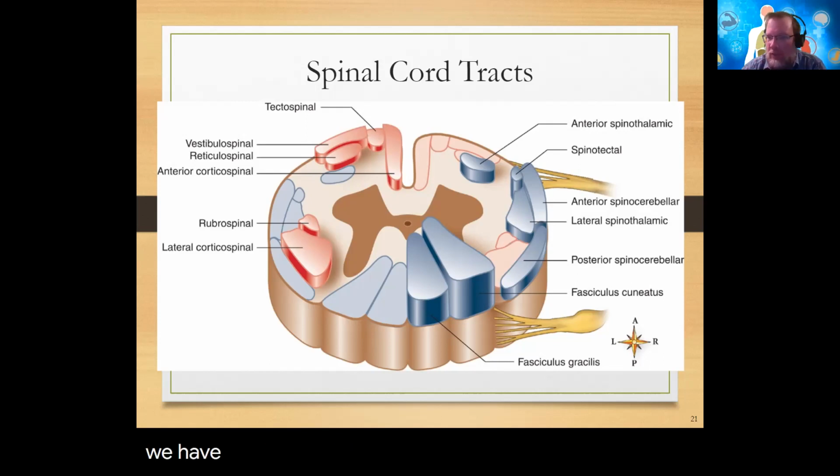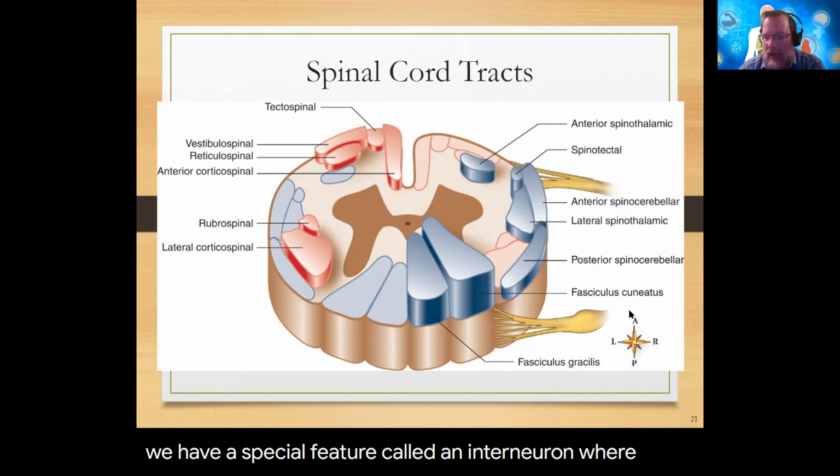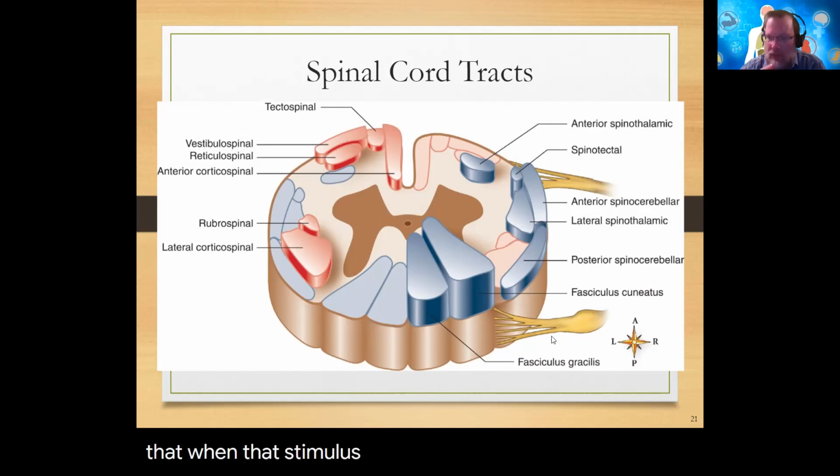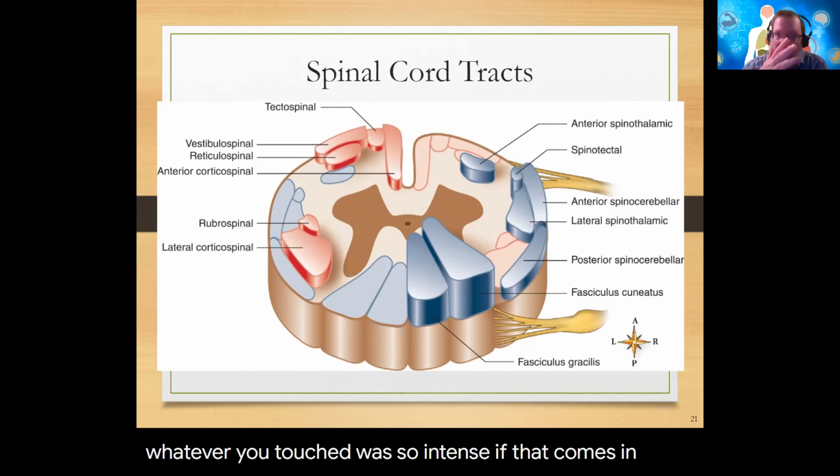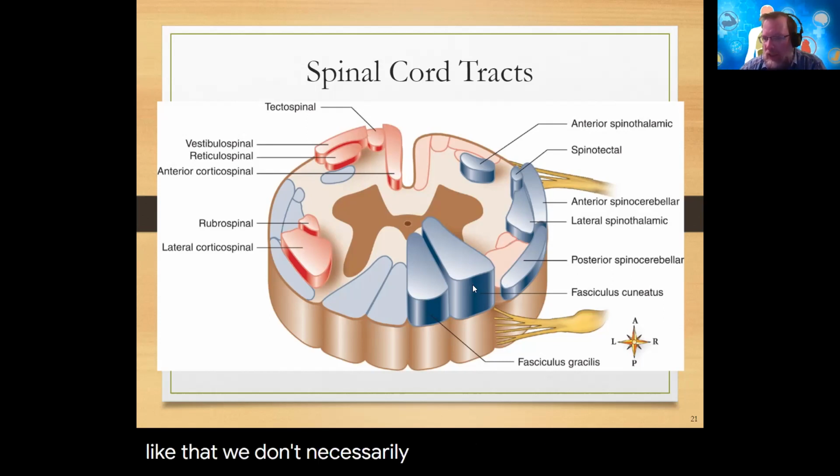So we have a special feature called an interneuron, where when that stimulus comes to the spinal cord and it's really loud, really high frequency, really screaming because whatever you touched was so intense, we don't necessarily need to go ask the brain if it's okay to move the arm away.